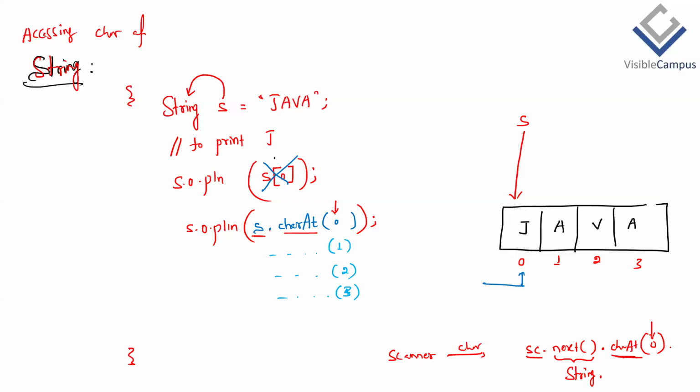If you use 1, 2, 3, then the next characters will be considered, even for a string. From the string, take the 0th position character, the first position character, the second position character, like that. So we can use any available index only. So this will print the output J, and this gives output A, then V, and A also.